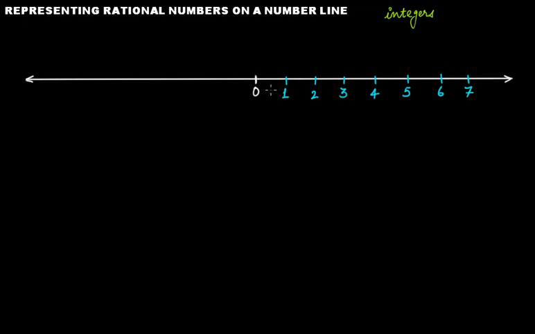So on the right side to the 0, we are representing all the positive integers, right?